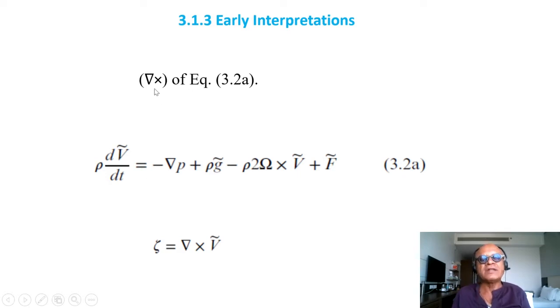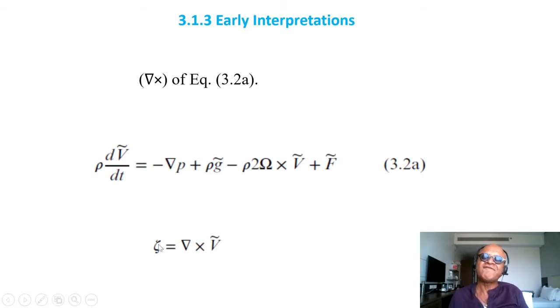So how do we do that? Basically, you take the curl of the momentum equation, writing it in vector form. Rho dv/dt is the pressure gradient, gravity, Coriolis, and dissipation forces. The vorticity here is written as the curl of v, so that's the tendency to rotate.